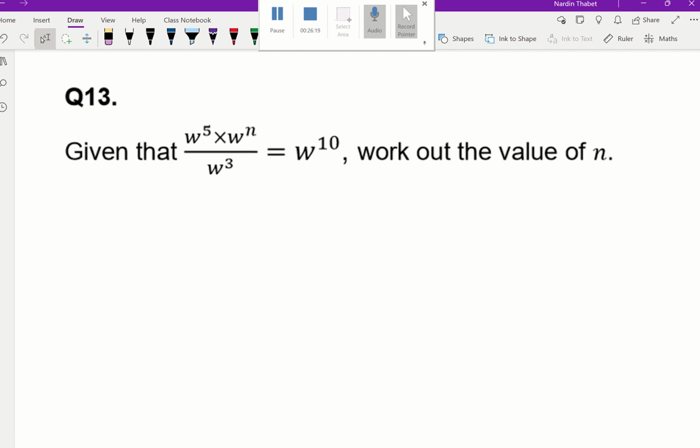And this question says, given that w to the power of 5 times w to the power of n divided by w to the power of 3 equals w to the power of 10, work out the value of n. So remember, at the top, I'm going to write it slightly differently.